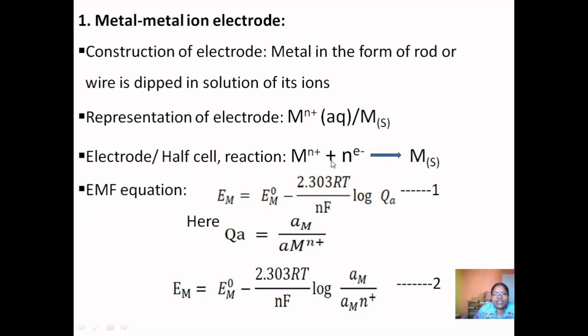So the reaction is M^n+, that means metal ion, plus n e^-, I have written here, that means the number of electrons. So when the metal ion accepts electrons, it gets converted into solid metal. That is the reaction here.